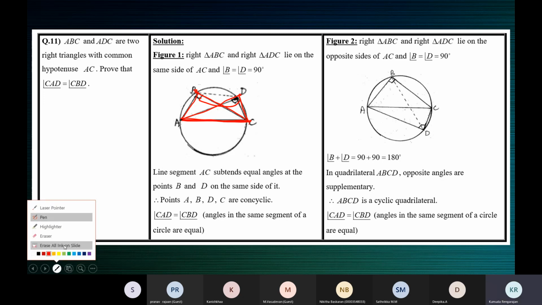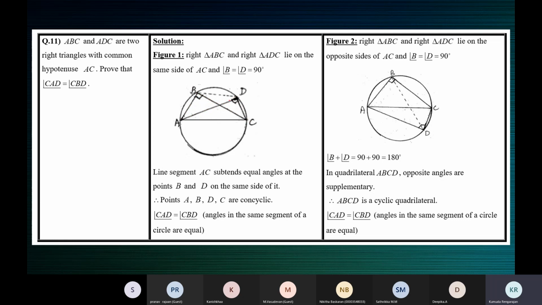So if you can draw a circle passing through all the 4 points, you can use some property of a circle. We have to show that CAD is equal to CBD. See here, made by the same arc CD at the points A and B. CAD is this angle.